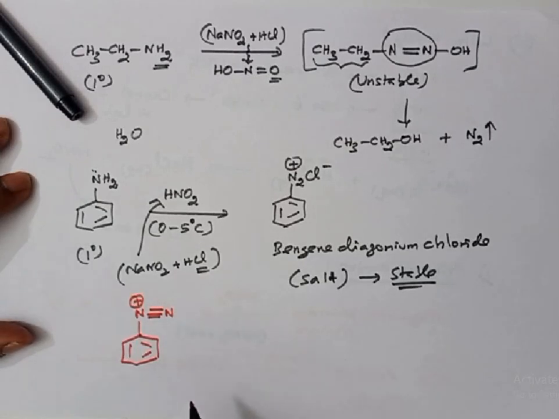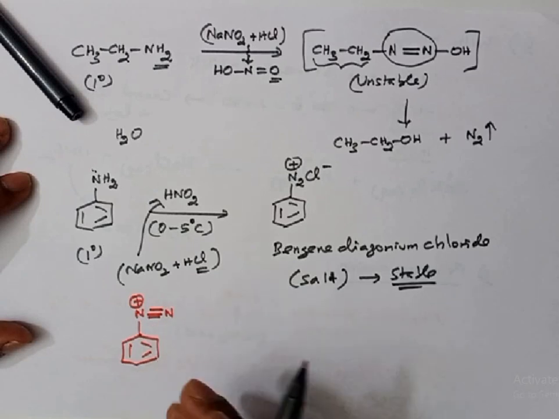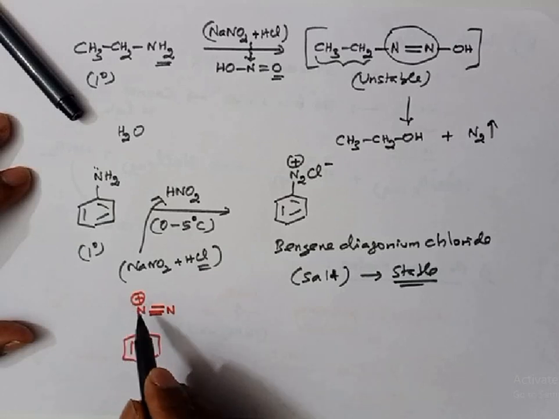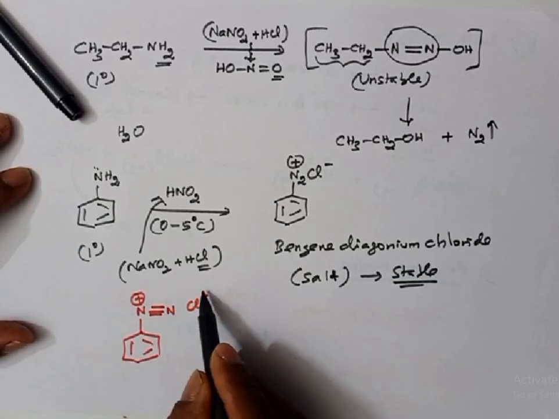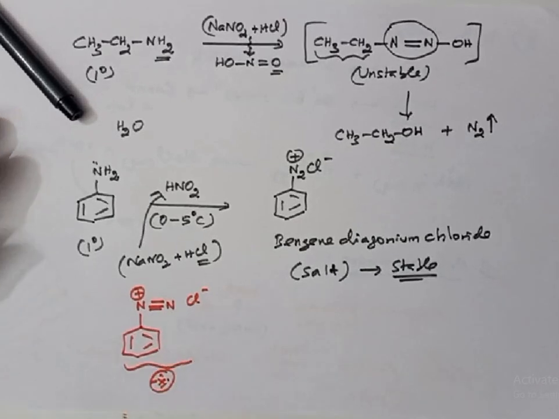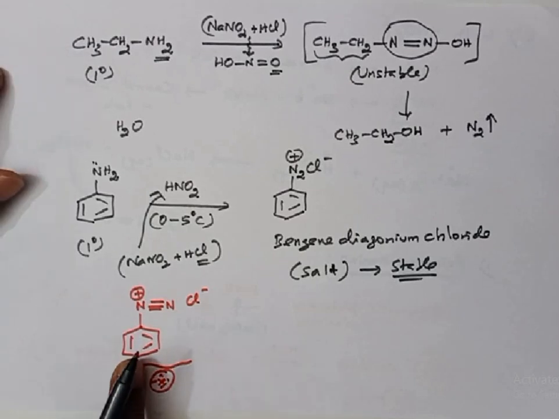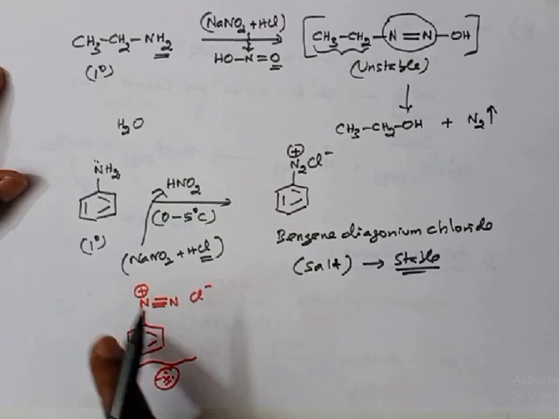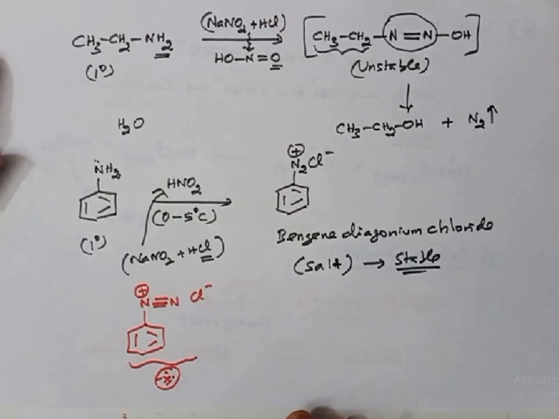You can write it like this, or you can write it with the double bond also. In any manner you can write. Here this is the cation and the anion is attached here. It's a counter ion. This is the structure of benzene diazonium chloride, and this is a stable product. Keep this in mind. We are going to discuss the chemistry of benzene diazonium chloride as we go along.